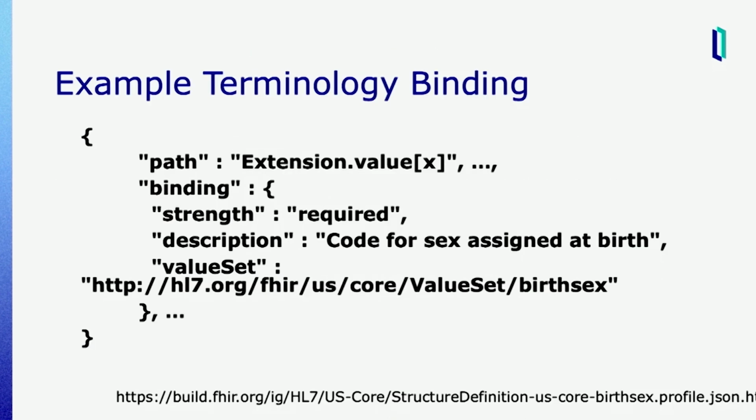So here is what it looks like in code as an example terminology binding for birth sex, where, as you see, the strength of that binding is that it's required to use this value set, and then there's a URL that represents that value set where you can find it on the HL7 servers.